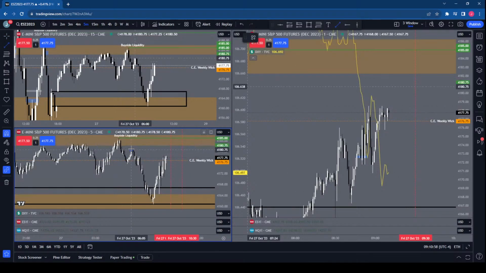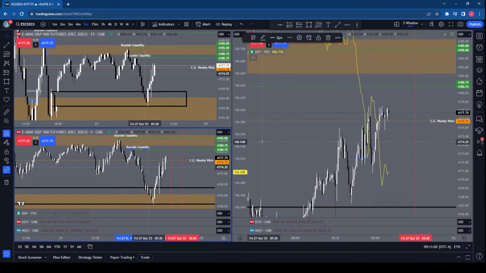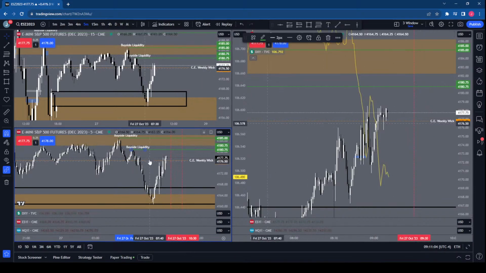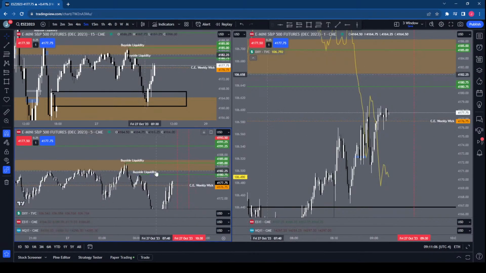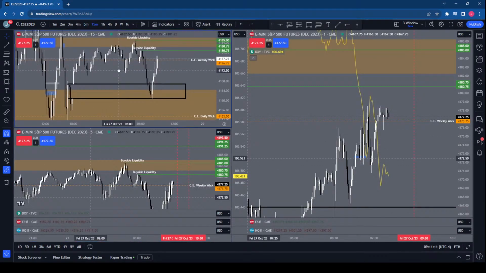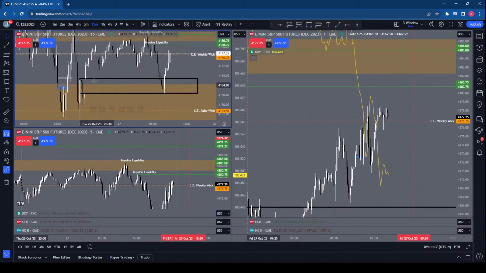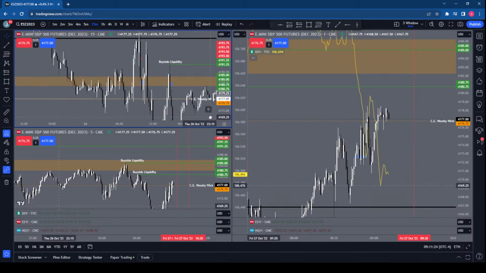Probably mark out this too. Okay, so we got 3 levels of buy side. This is kind of the inverse of what happened yesterday. So yesterday we gapped down, came back up.